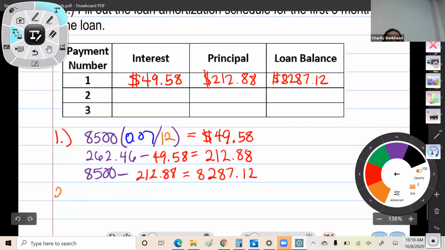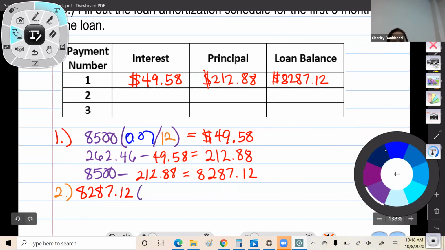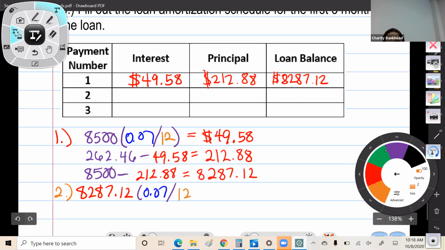So with your second payment, we want to calculate the interest that gets paid on the second payment. So we take our new balance and we multiply that times R over N. And that equals $48.34.